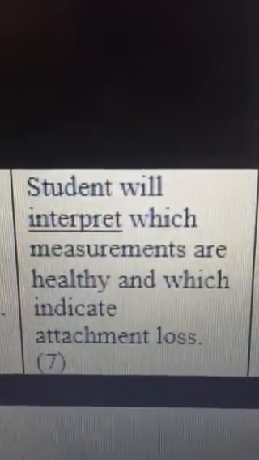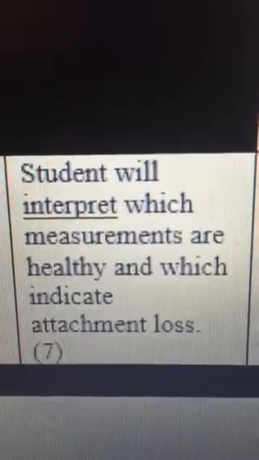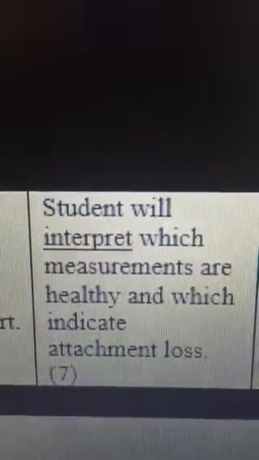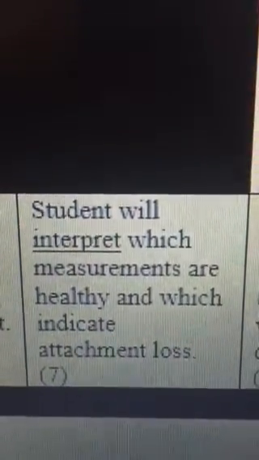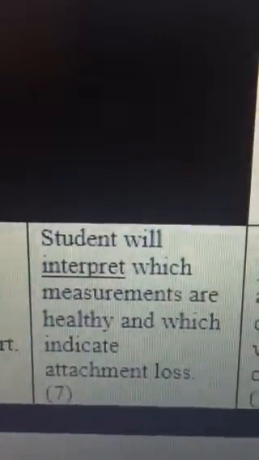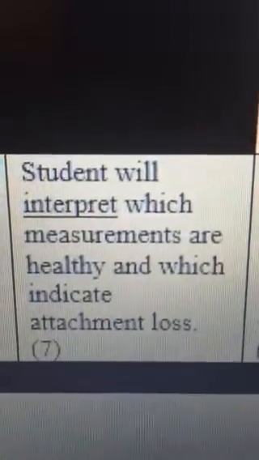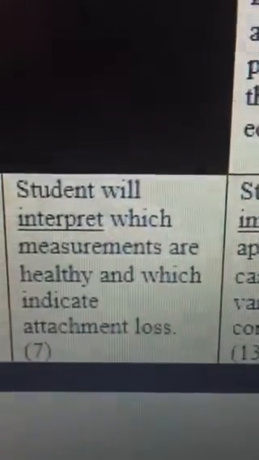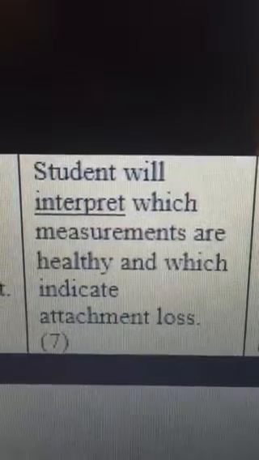That can be found on slide 7 in my presentation. I've explained that 5 and above with bleeding indicates that there's been some attachment loss or inflammation, and that the patient might be indicated for scaling and root planing. And the students need to be able to understand that that's definitely a red flag there.